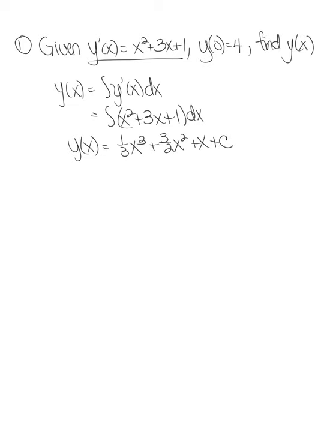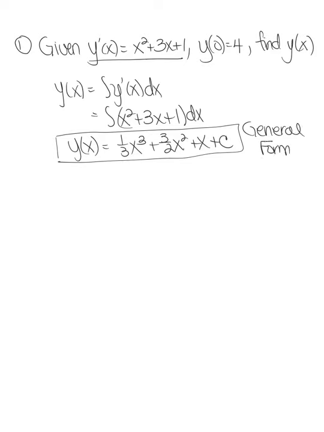Remember your constant of integration. Now what this gives us here is what I'm going to call the general formula. And remember, all we needed to find the general formula was simply the derivative. And having the derivative, you can get back to your general formula just by integrating it.